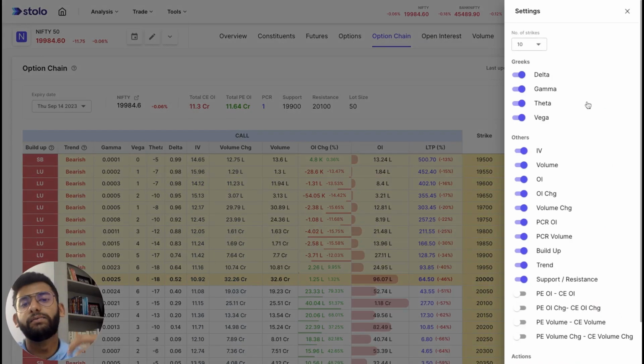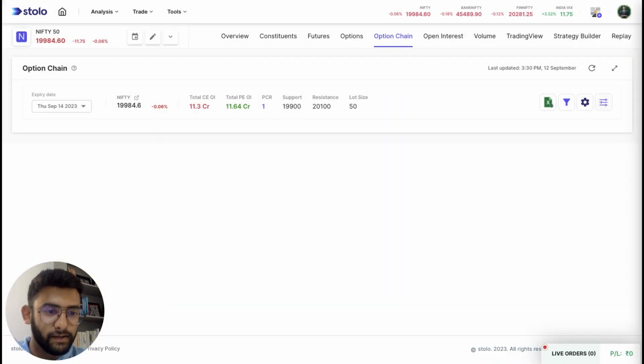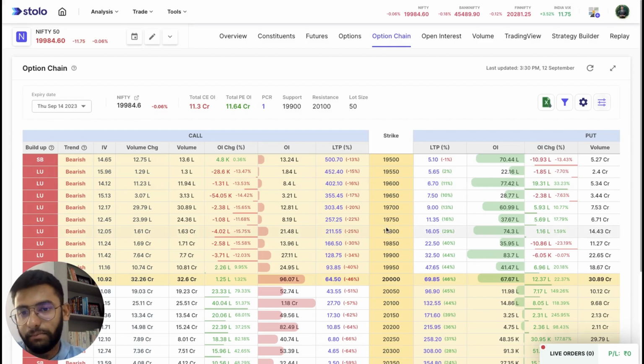So one thing is, obviously, not all traders use all specific data, right? So for example, here let's say I do not like using Greeks, or my specific strategy does not have Greeks in, right? You can click on the settings. You can actually tick and untick the specific data points you want to see.